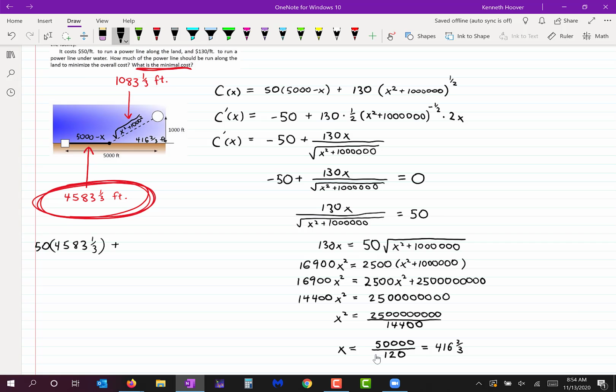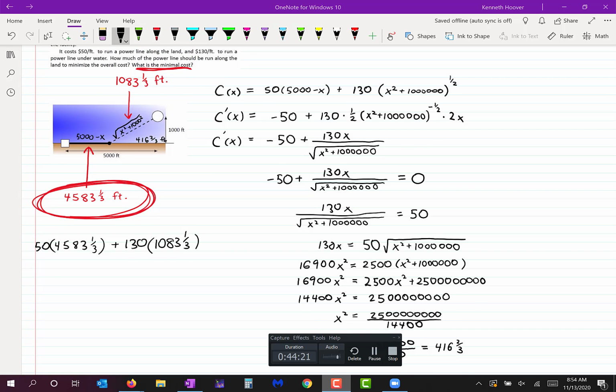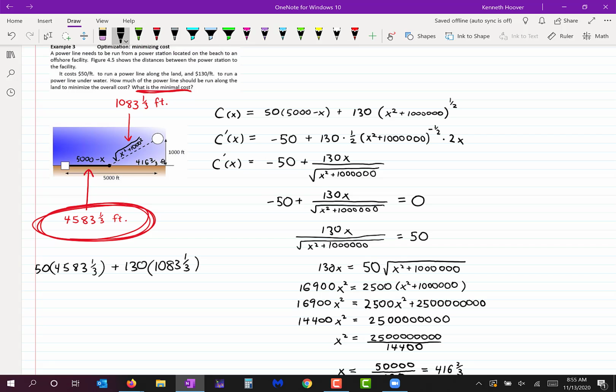And then take the amount underwater and multiply that times 130, and then just see what we get. And that comes out to exactly $370,000. And that's the minimal cost possible.